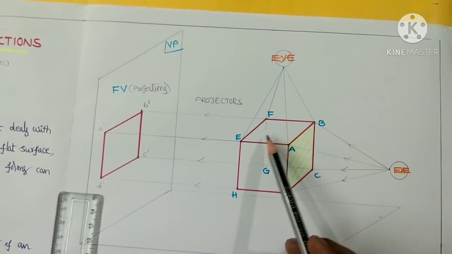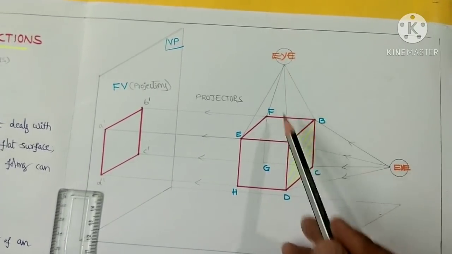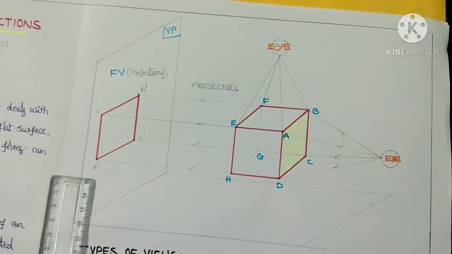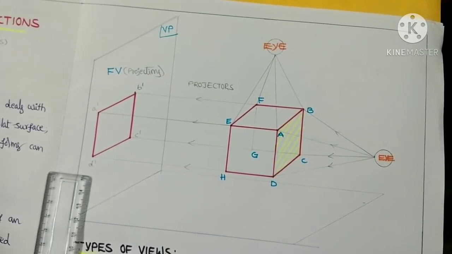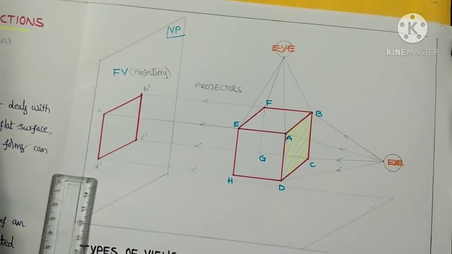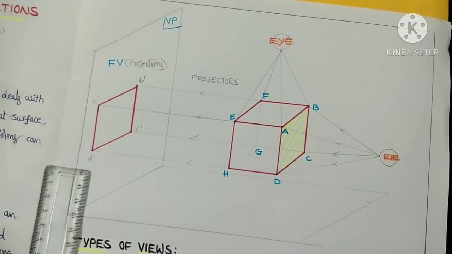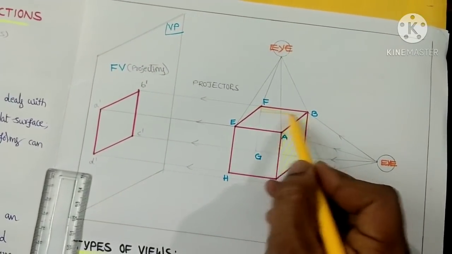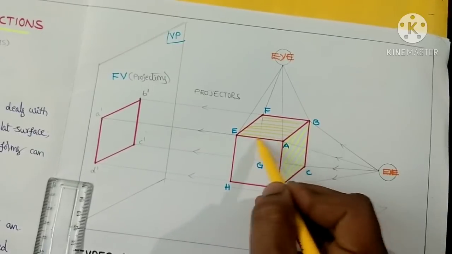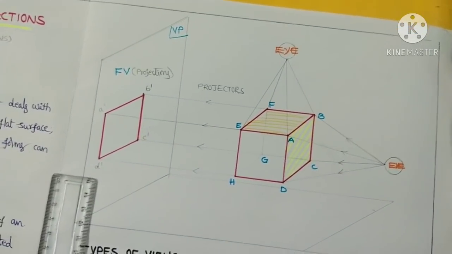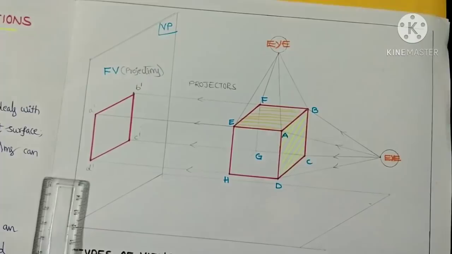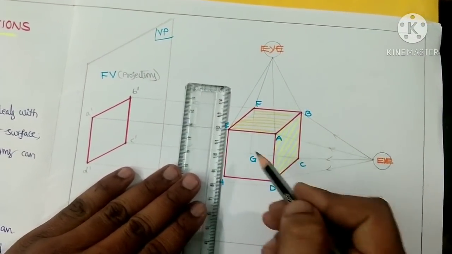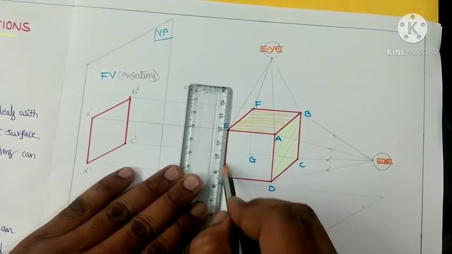This surface is visible in this particular position, and let me show you that surface also. That is the ABEF surface, visible in this view. Yes, this yellow color surface is visible in the top view, and after that we can project those particular points A, B and F to meet the principal plane.